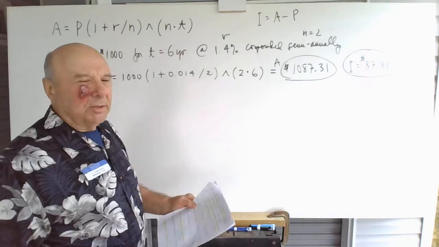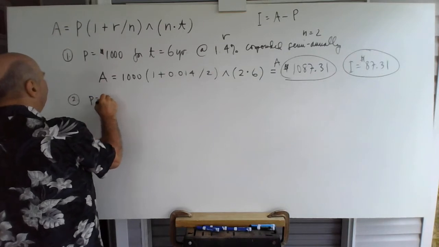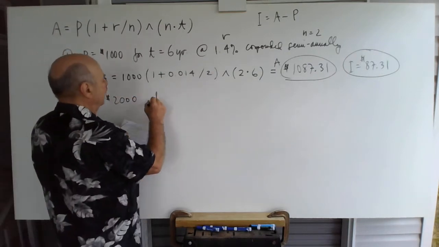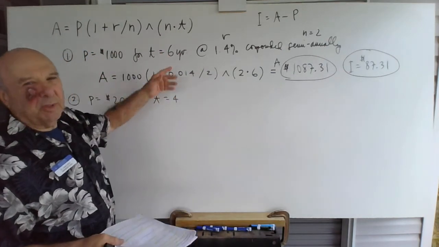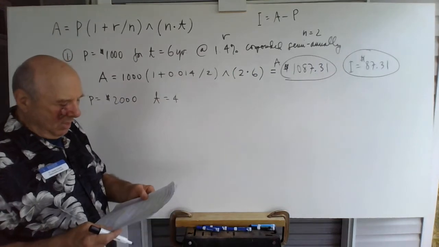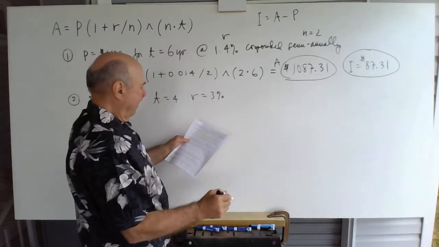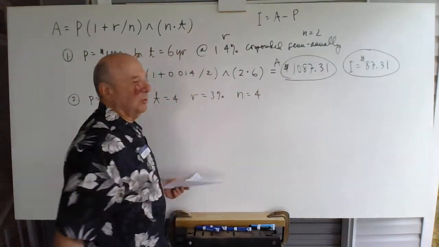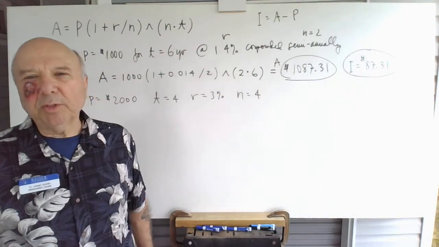This one's $2,000 for 4 years. When I write T equals 4, we know it's years. Here I wrote years, but just to reinforce it. 3% quarterly. So there are 4 quarters. Every 3 months is a quarter, so 4 quarters per year.